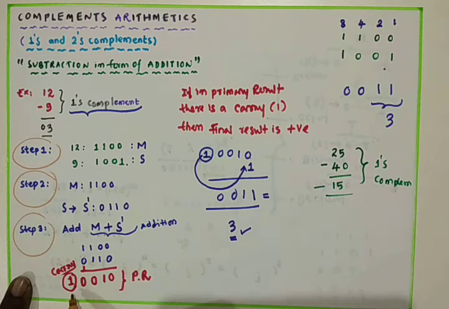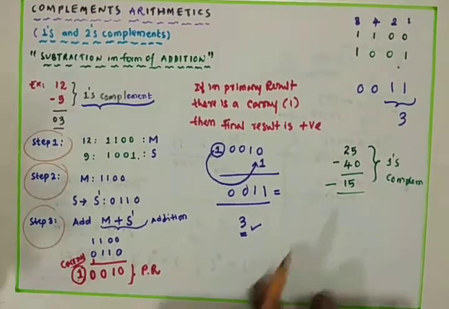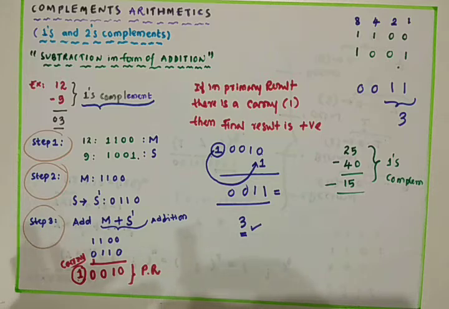If in the primary result there is a carry, the result will be positive, and to get the final result we add this end carry. Then that will be the final result. So first we convert 25 into binary form and 40 into binary form.